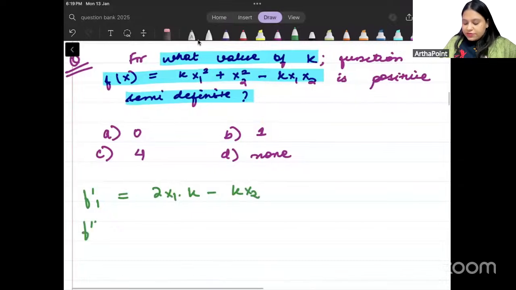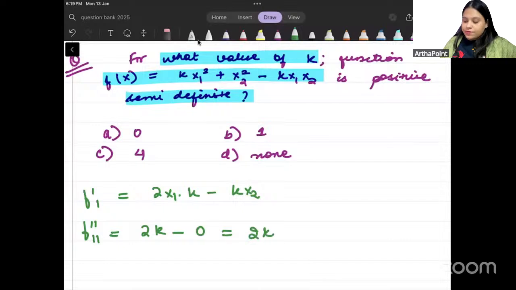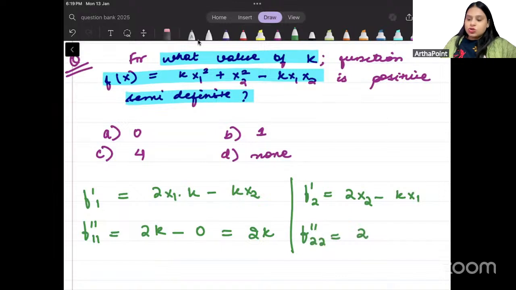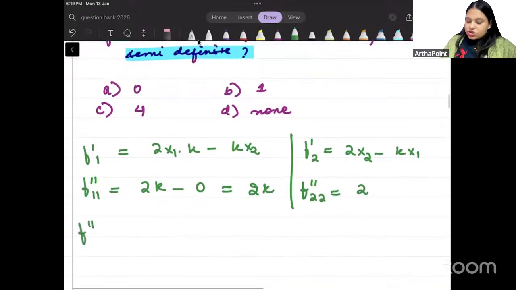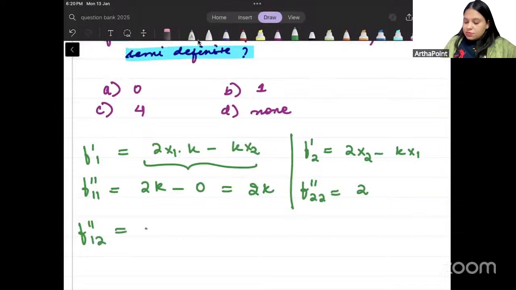If I differentiate this with respect to x1, I will get 2k minus 0, so I'll get 2k. Differentiate this with respect to x2. You will get 2x2 minus kx1. Differentiate this again with respect to x2, you will get 2. Differentiate this one with respect to x2, you will get minus k, right?